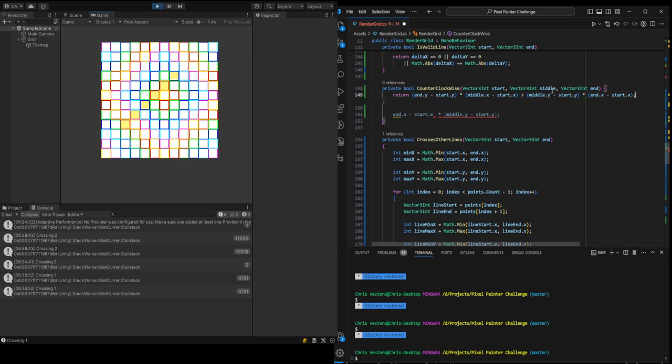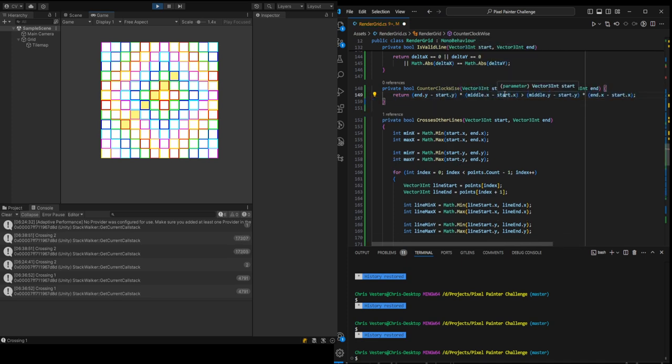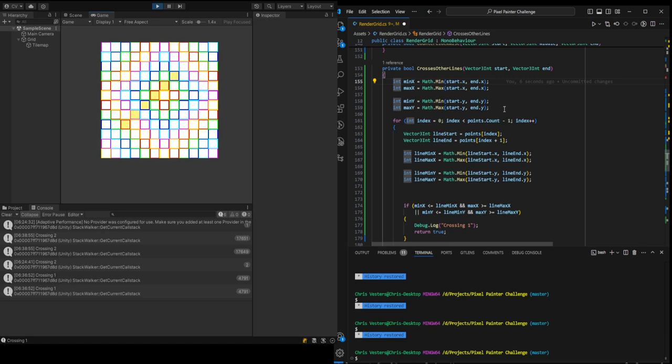So this is what he wrote online, and this is what I found here: end x minus start x. Okay, that actually was exactly the same. So this is the algorithm, and then the crossing becomes rather easy.